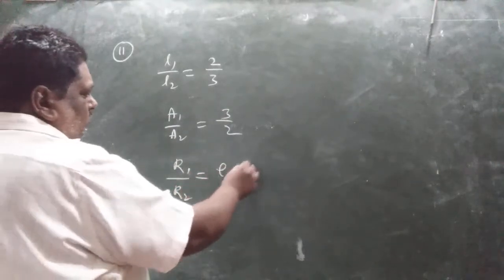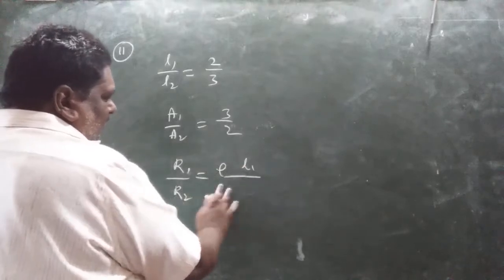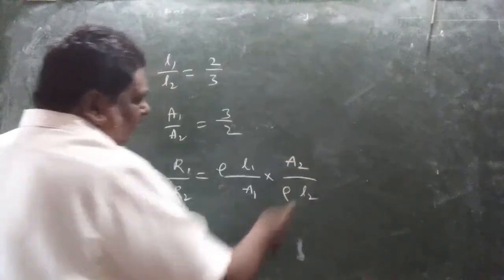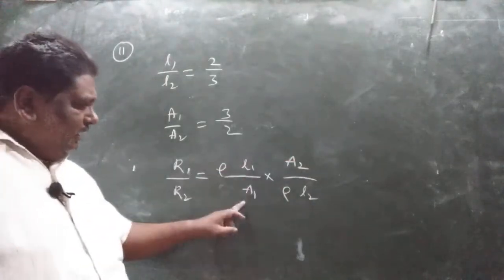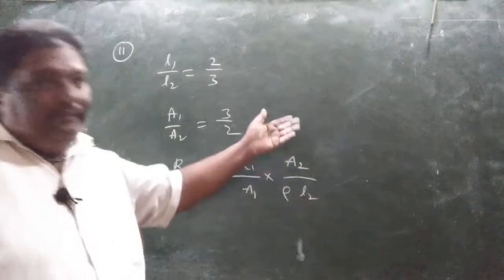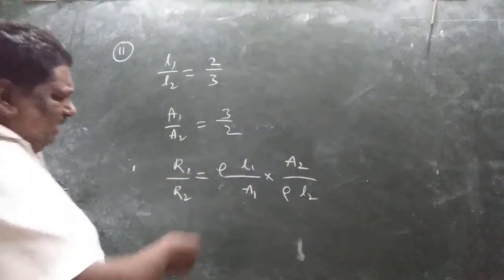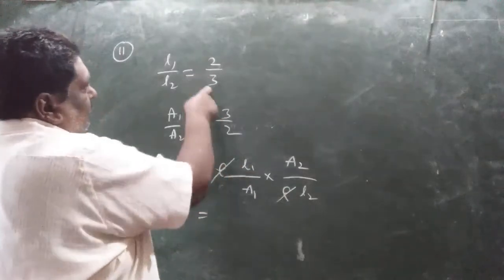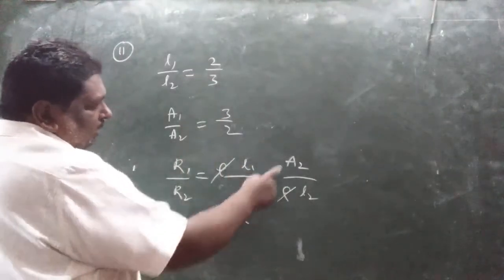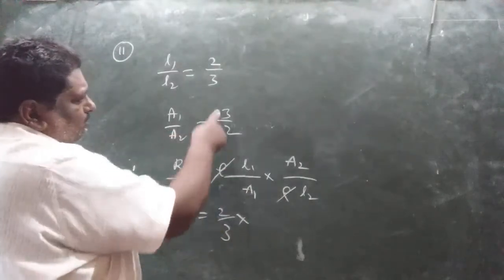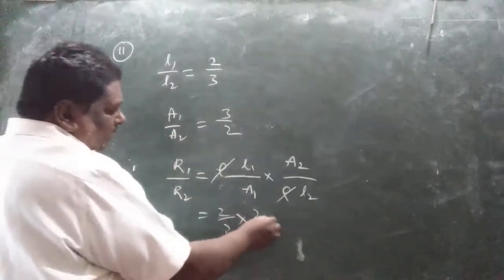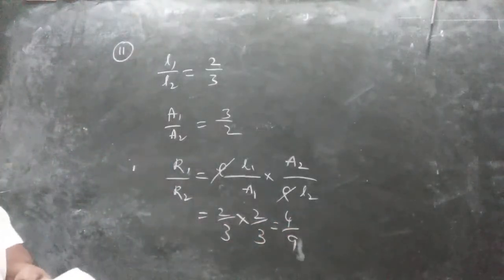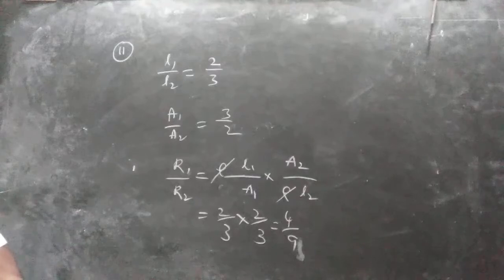R is equal to rho L by A, so rho L1 by A1 over rho L2 by A2. Same material, so rho cancels. L1 by L2 is 2:3, and A2 by A1 is the reverse of 3:2, so 2 by 3. This gives 4:9. The ratio of the resistance is 4:9.